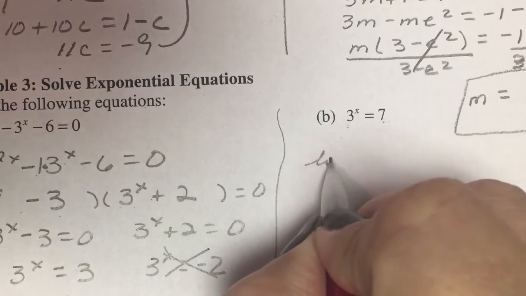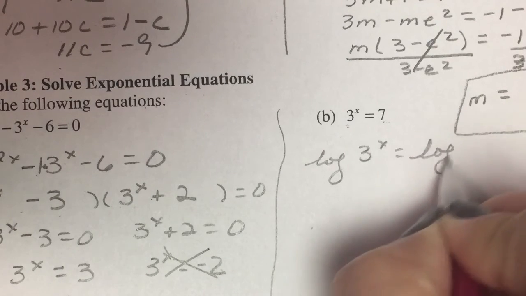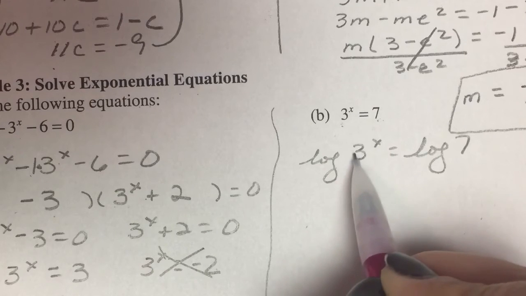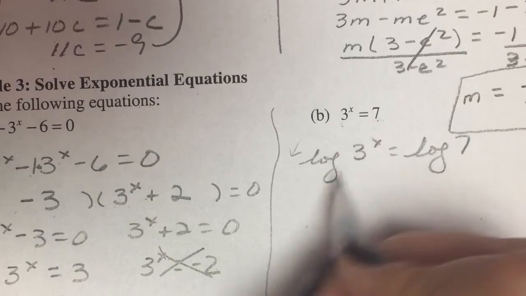So I'm going to take the common log of both sides. Now I'm going to use my property that says if I am taking the log of something being raised to a power, I bring that power down in front.